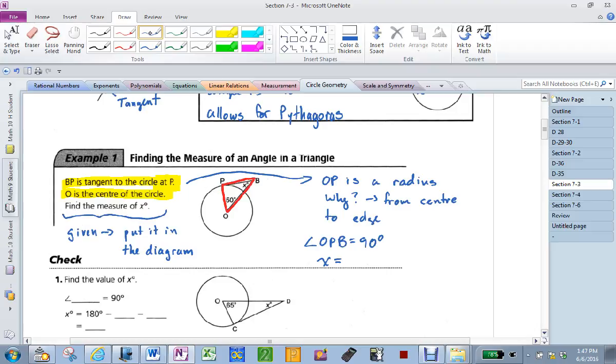It has to be 180. Right? So that's 50. What do we know this is? 90. So what's left? 40. And why? Because 180 minus 90 minus 50 equals 40. Everybody good?